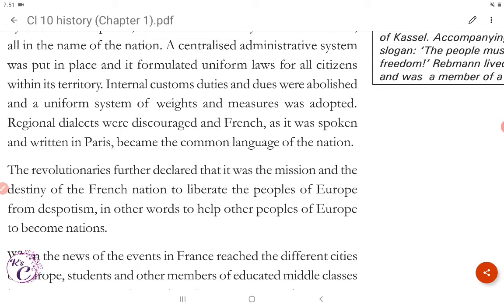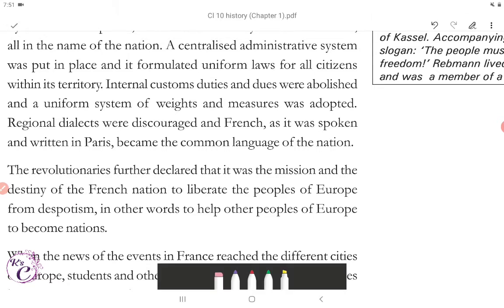Internal customs duties and dues were abolished, and a uniform system of weights and measures was adopted. Regional dialects were discouraged, and French, as it was spoken and written in Paris, became the common language of the nation.